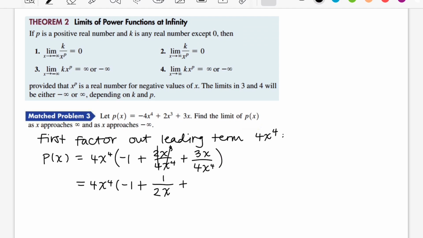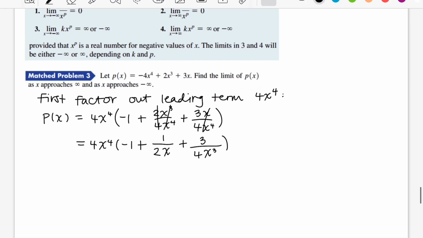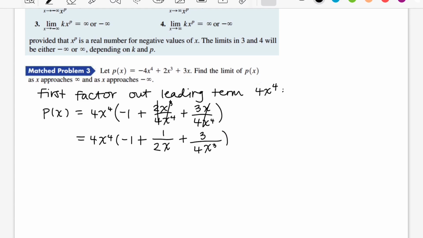And same for this next term, 3 over 4 doesn't reduce at all, so we still have 3 on the top and 4 on the bottom, and then we have x to the power 4 on the bottom and just 1x on top, so we're left with x cubed on the bottom. Okay, great. Now what we can do is take the limit as x goes to infinity of this guy here.